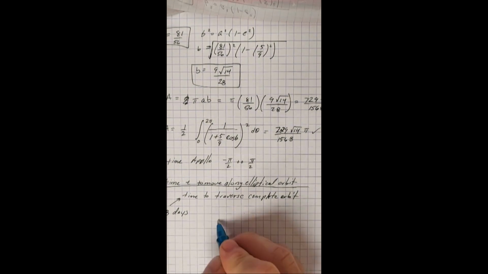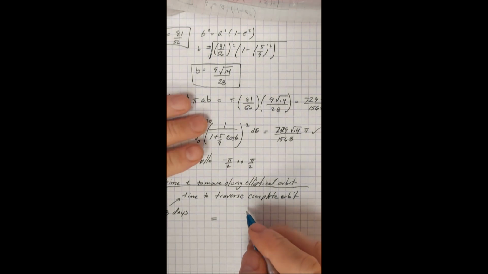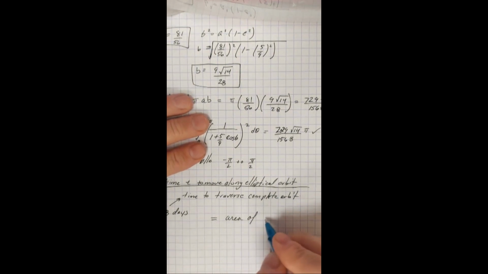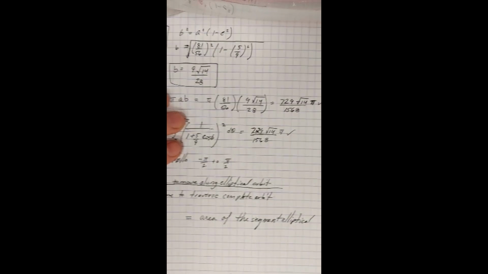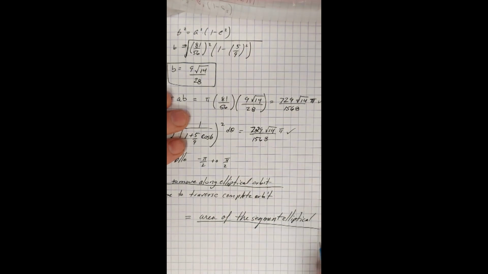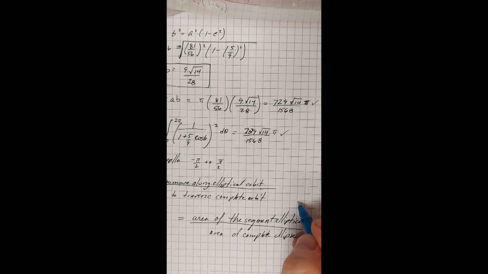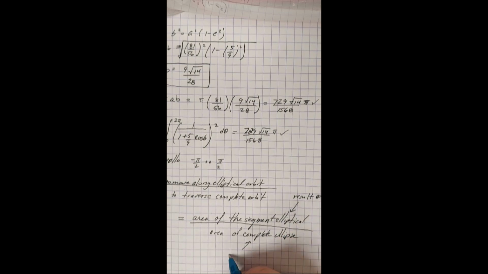We know that this thing is equal to, according to number 1, the area of the elliptical segment, and we're going to divide that then by the area of the complete ellipse. Okay, so we actually know this. This is a result of part 2, number 2, and this is the result from number 5.